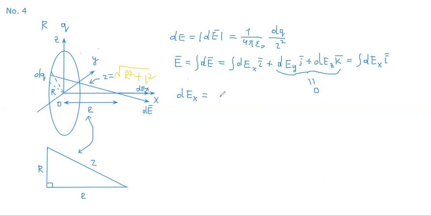So this is equal to, if here we have the angle alpha, and how to find dEx from dE?